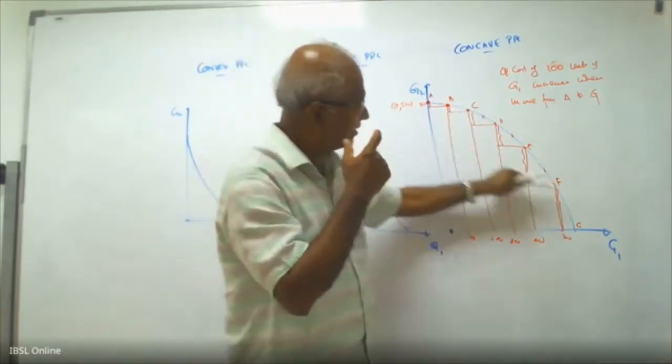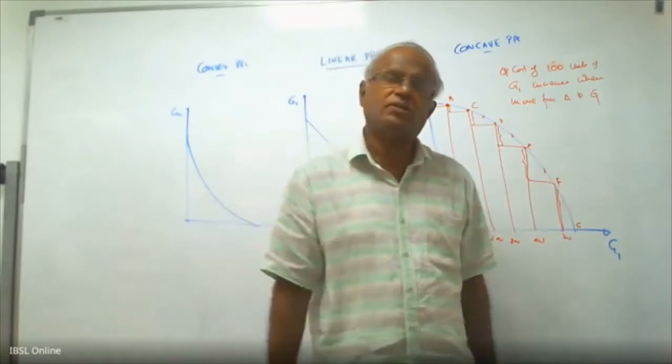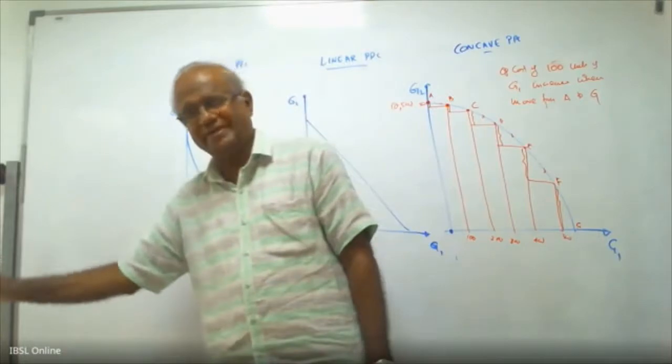So along the concave production possibility frontier, the opportunity cost of producing one good increases.